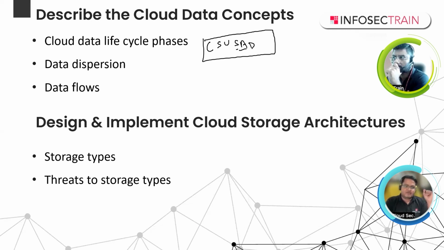Also, one more thing to keep in mind is that in cloud computing there are different kinds of storage, and each kind has a different data dispersion mechanism. For example, some storages will only replicate data inside the same data center, while in other scenarios they will replicate data across multiple availability zones, and in some cases across multiple regions.